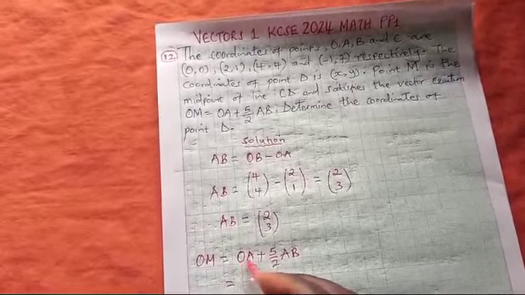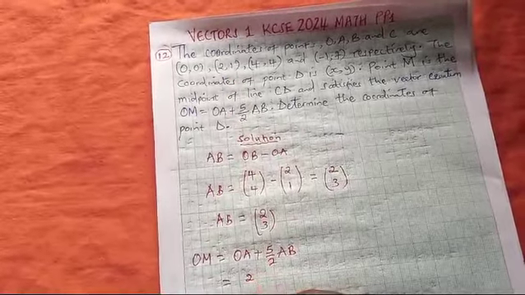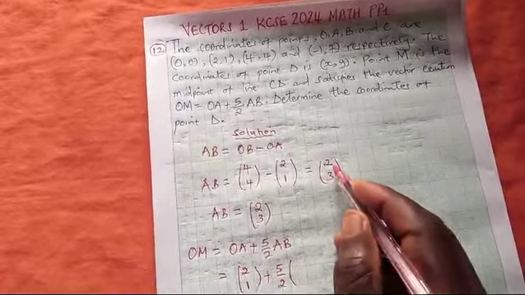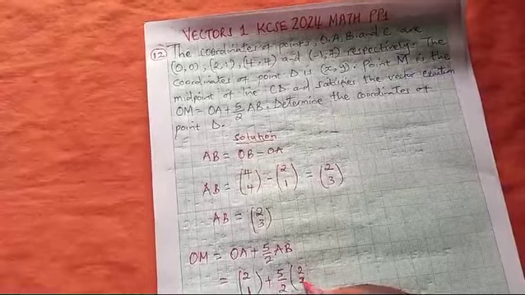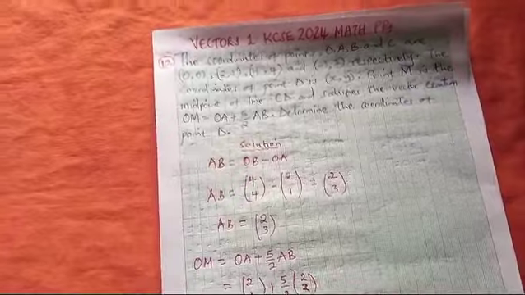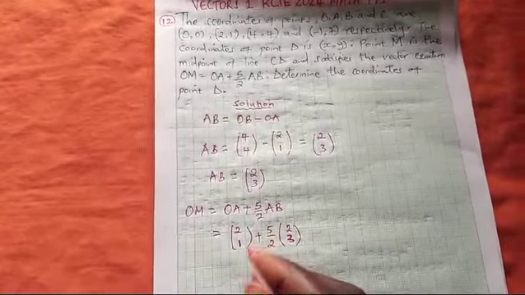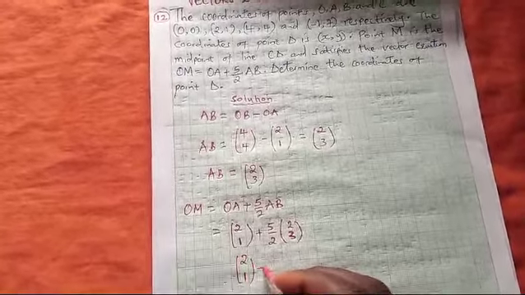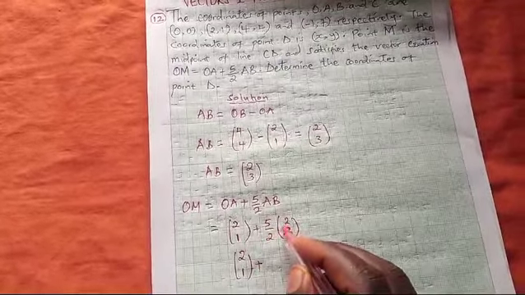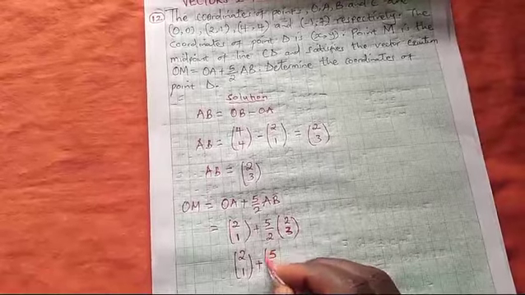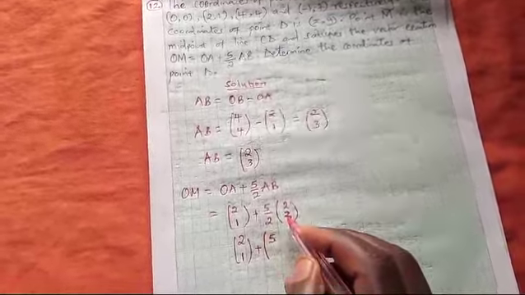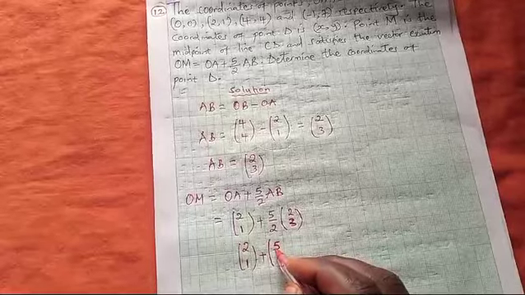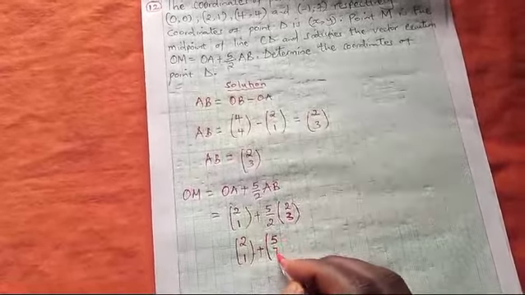So OM is (2, 1) plus 5/2 times (2, 3). 5/2 times 2 gives us 5, and 5/2 times 3 gives us 15/2, which is the same as 7.5.